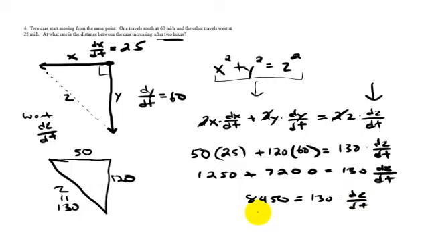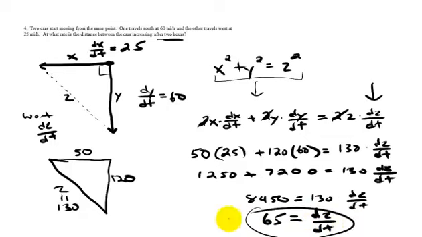Divide that by 130, and we get 65. Okay, so dz/dt is 65, so that means the rate at which the distance between these two cars is increasing is 65 miles an hour.